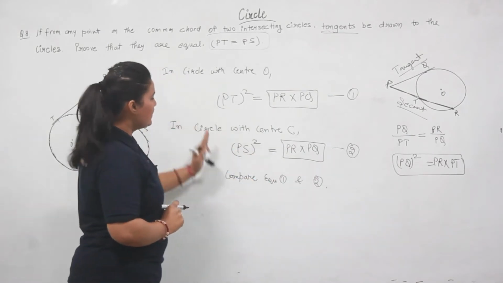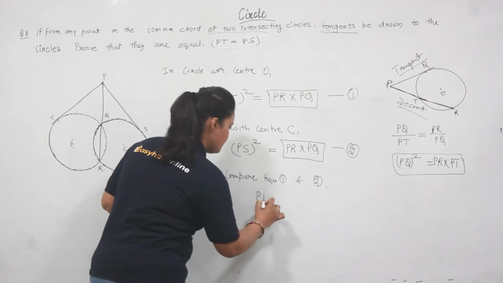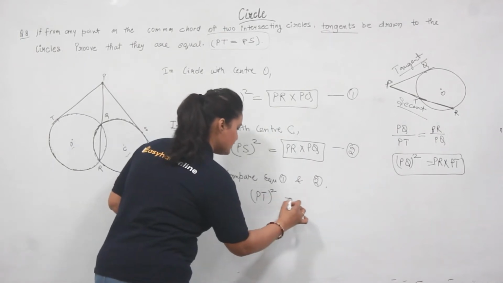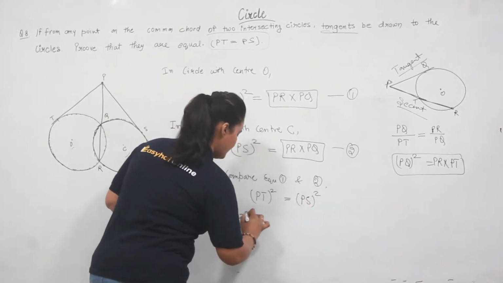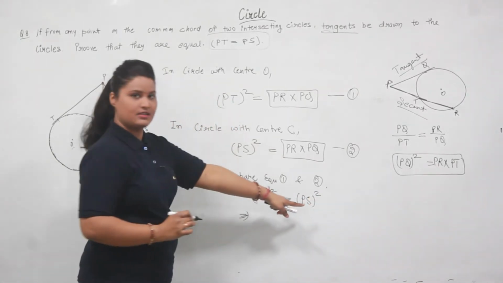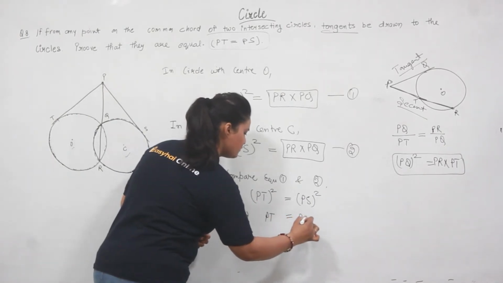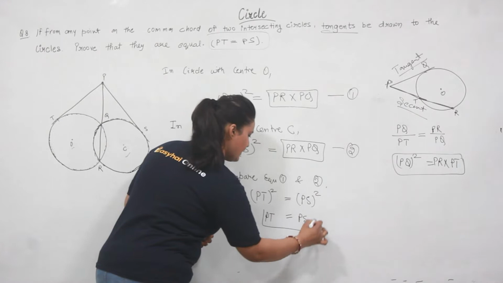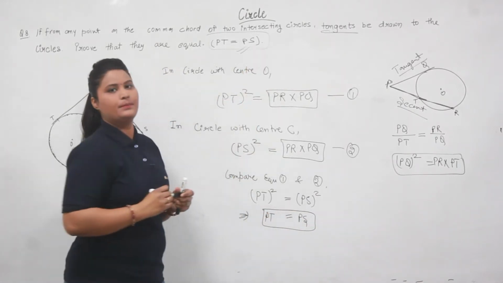So I can conclude from both the equations that PT square is equal to PS square, and by cutting the squares, PT is equal to PS, which we had to prove in the question.